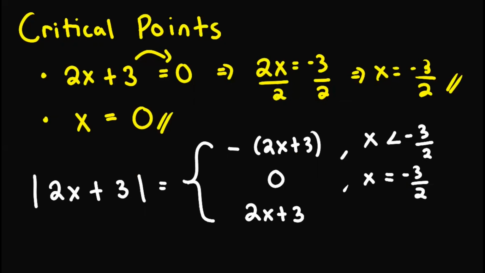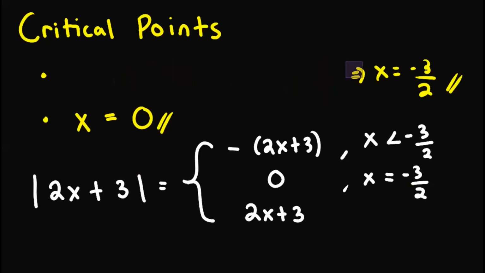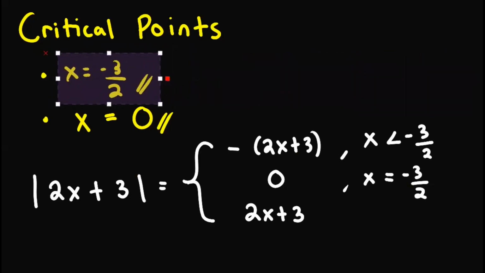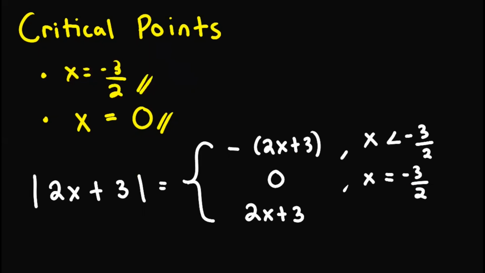So let's remove this one and move this one out here. So why does this happen? Well, let's try to have an example. Let's take a point in this interval out here. A value of x that is less than negative 3 over 2 can be x equals negative 2.